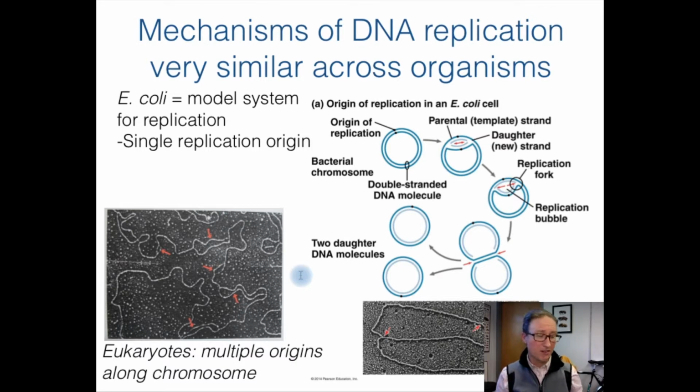So in a eukaryotic cell, there can be multiple replication origins on a single piece of DNA along a single chromosome. So that's illustrated in this other SEM image that you see. Each of these red arrows is pointing at a replication bubble, and on either end of that bubble, there's going to be a replication fork where replication is going to proceed away from the middle of that bubble.